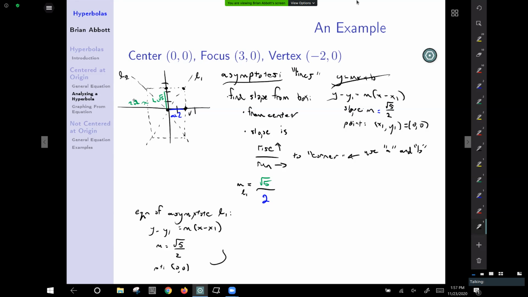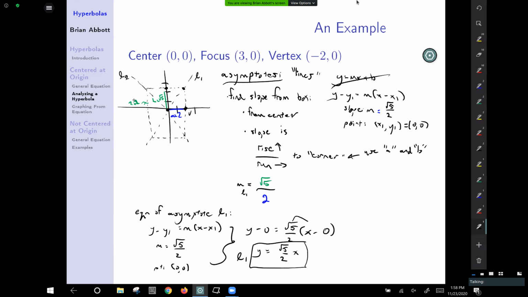So we get y minus 0 equals root 5 over 2 times x minus 0. Distributing that through, y equals root 5 over 2 times x. So the equation of L1, our first asymptote, is y equals root 5 over 2 x.